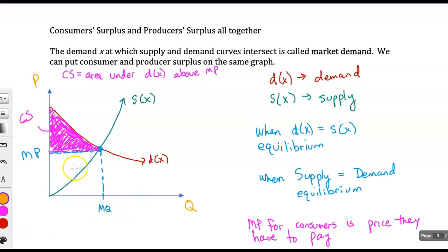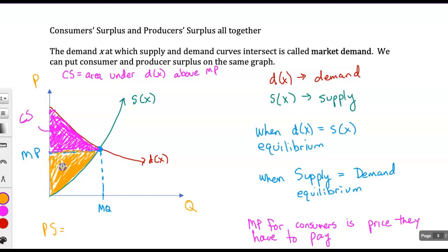Now, on the flip side, we have producer surplus. And producer surplus is, I would have sold whatever I was selling for any of these prices down here. Any of these, right? I would have taken less. But you were giving me the market price the whole time. So I was making more this entire time, right?